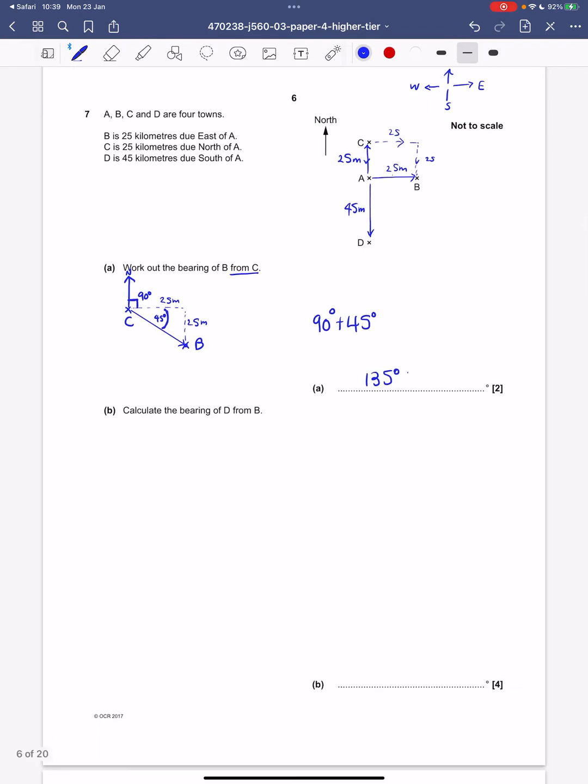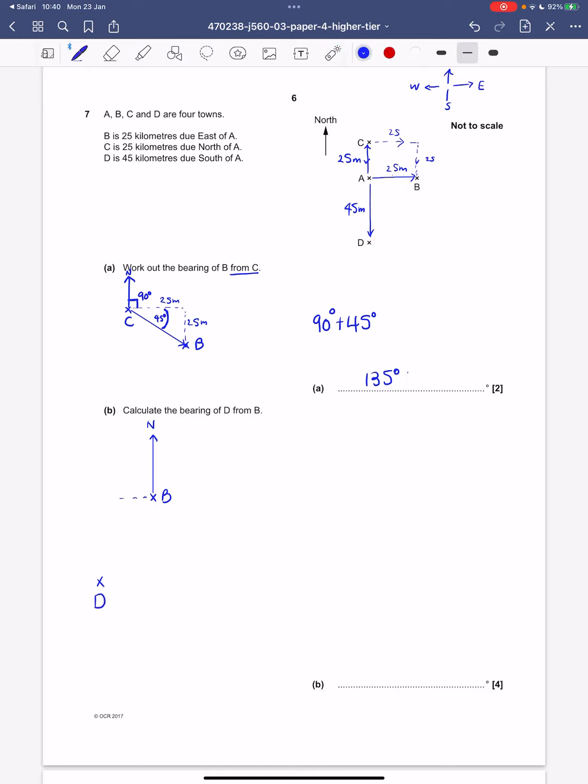Now the bearing of D from B. So from B, let's put the north at B. And then D is over here. I'm following this here. B's there, D's there.